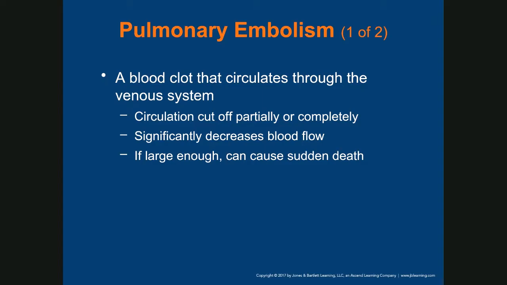So a clot is formed either in the lower extremity or the pelvis, the venous system, and it travels until it enters the right side of the heart and goes up into the pulmonary artery. It can block the left or right, or it can block both.